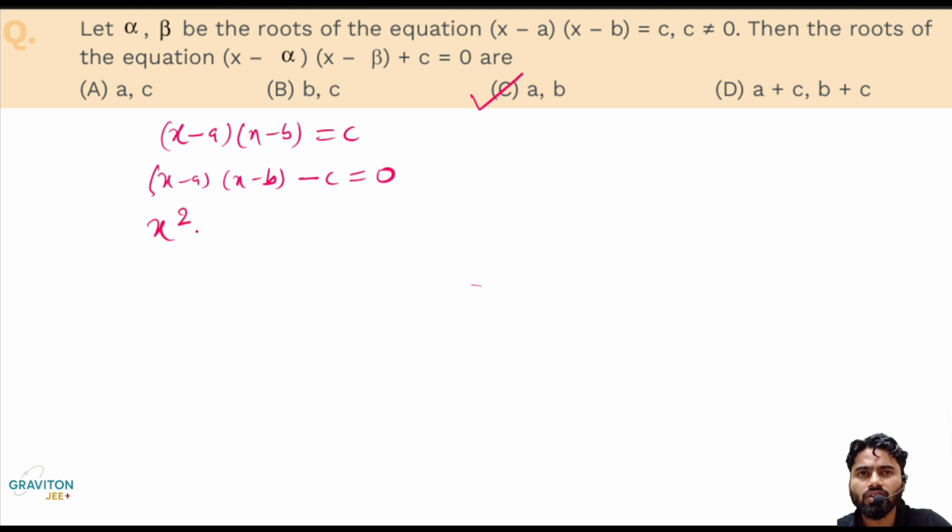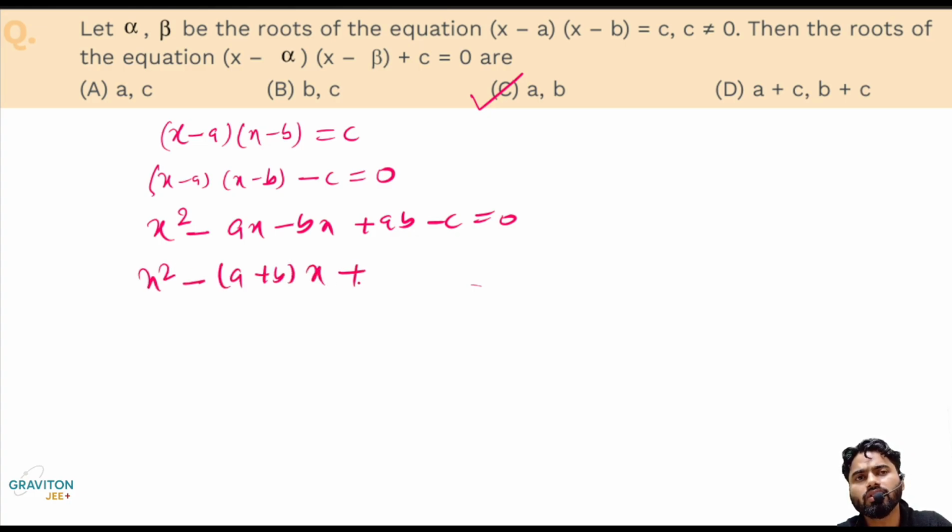Multiply this, so this will become x square minus ax minus bx plus ab minus c equal to 0. Okay, so this will transform into x square minus (a plus b) into x plus ab minus c equal to 0, right? And alpha, beta are the roots of the equation. So what will be alpha plus beta?